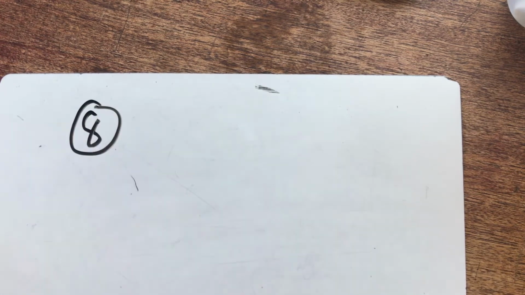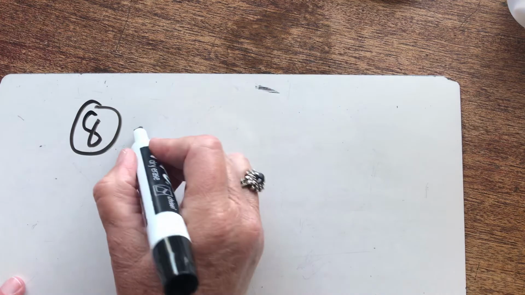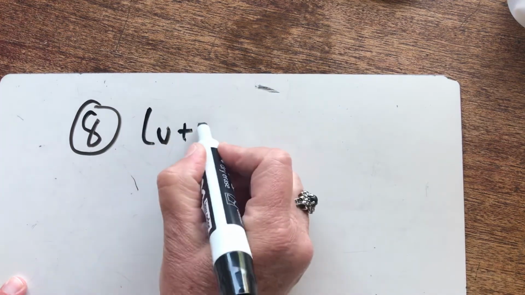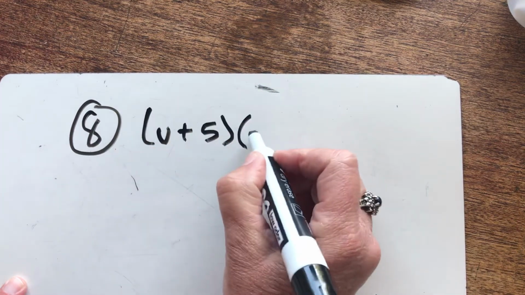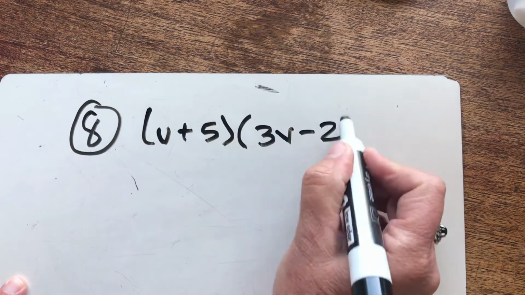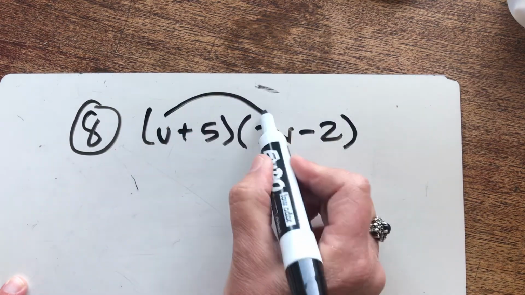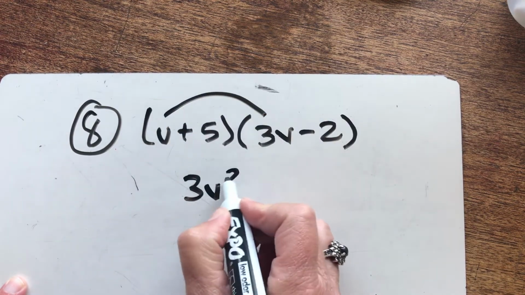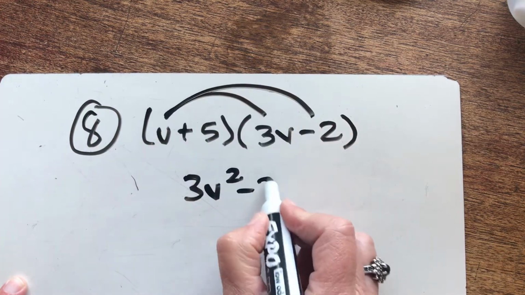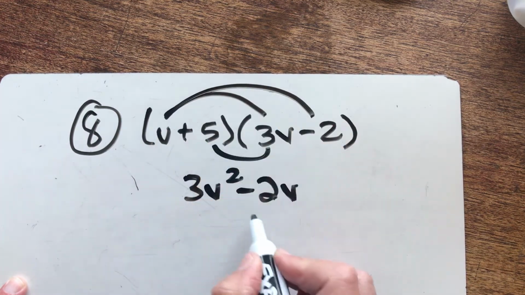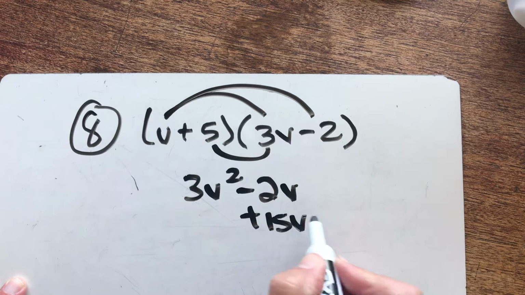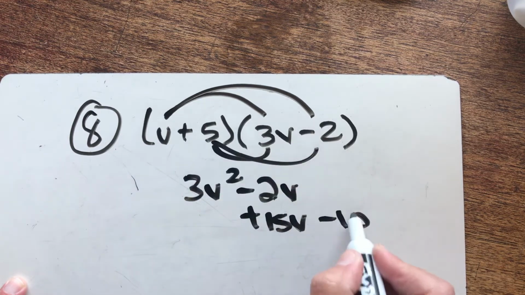And again, we're still on 8-3 notes. Question number 8 is v plus 5 and 3v minus 2. That's going to be 3v squared minus 2v plus 15v minus 10.